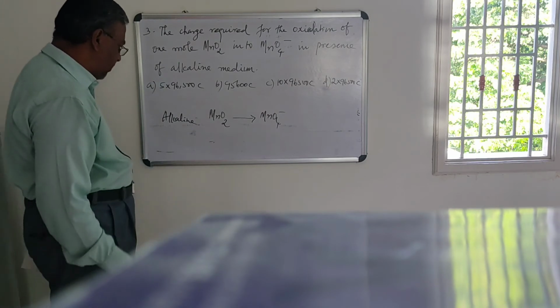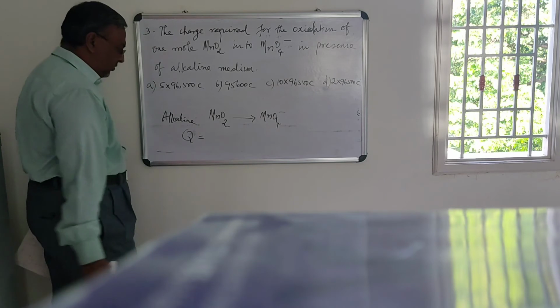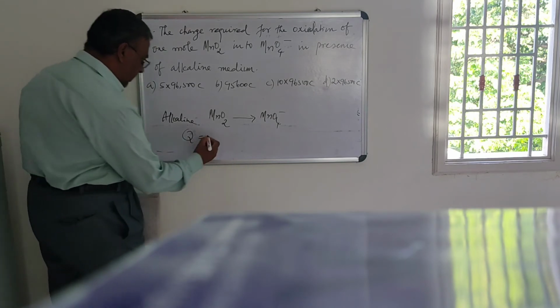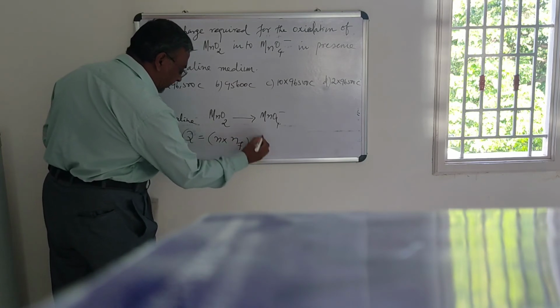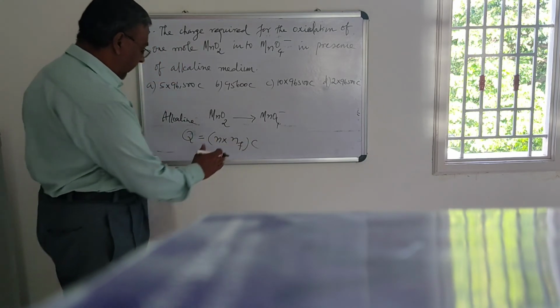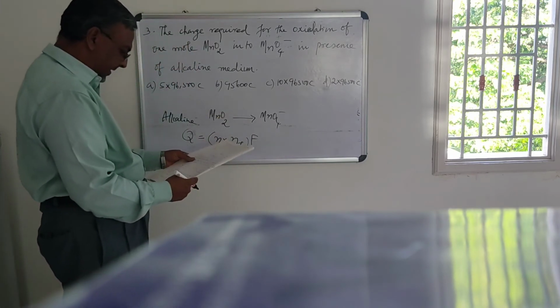What is the charge required? Usually written as Q is equal to n into n factor into F.